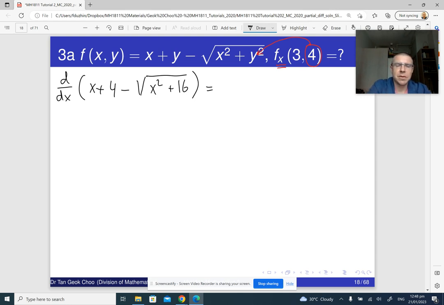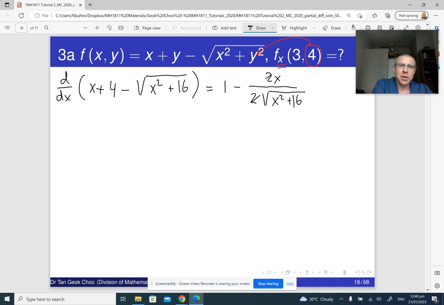So d/dx of x is 1, minus the derivative of the square root, which is 1 divided by 2 times the square root of x squared plus 16, and then we need to differentiate x squared, which yields 2x. So 2 over 2 cancels out.